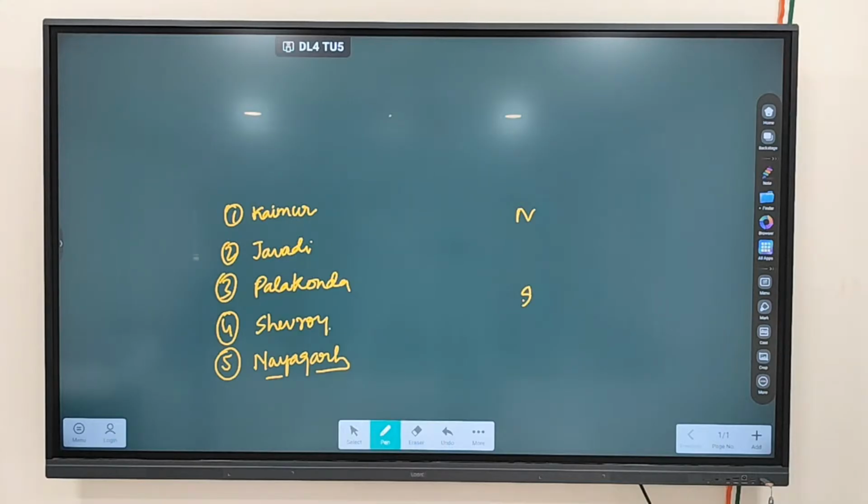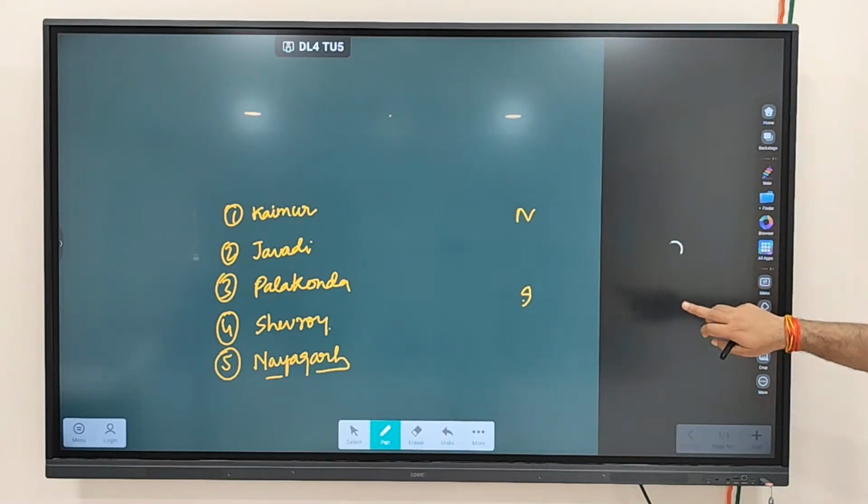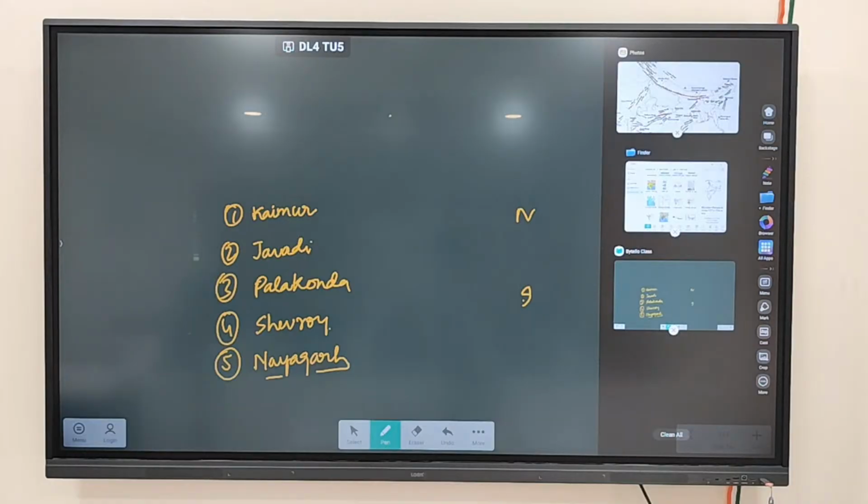This type of questions you can get in the case of examination. Which one? Palakonda. So just now we discussed, we have written Kaimur, Javadi, Palakonda, Shevaroy and Nallamala.